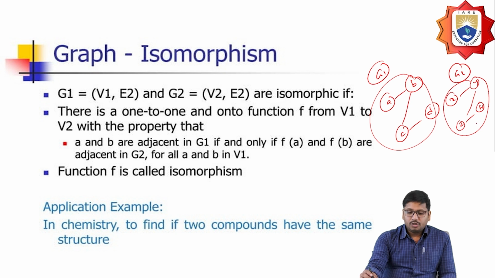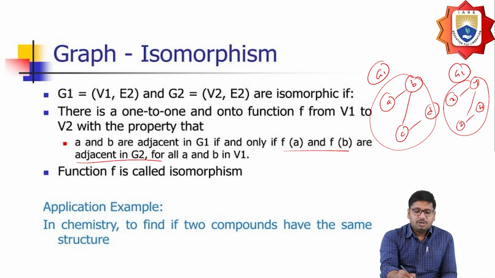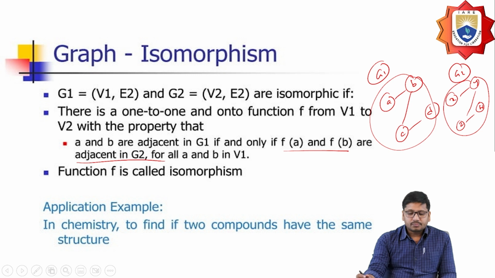They are said to be isomorphic if and only if there is a one-to-one and onto function, such that A and B are adjacent if and only if f of A and f of B are adjacent in G2. Then the function mapping is what we call an isomorphic function.